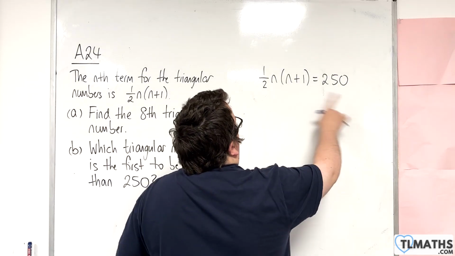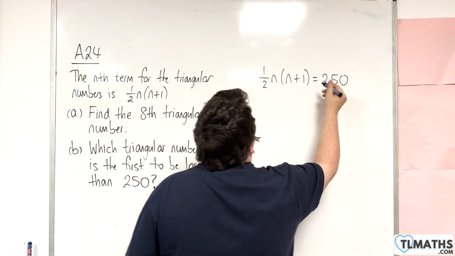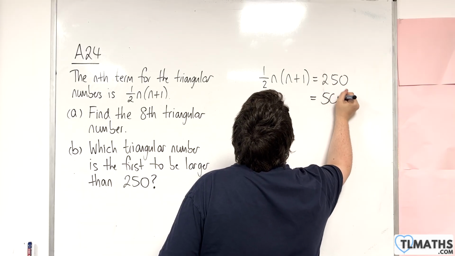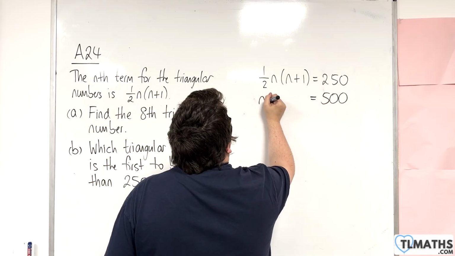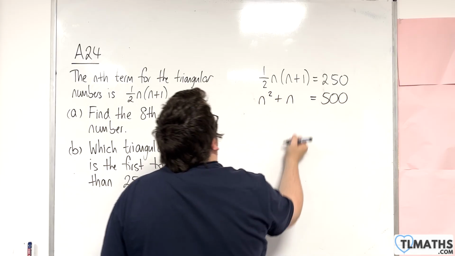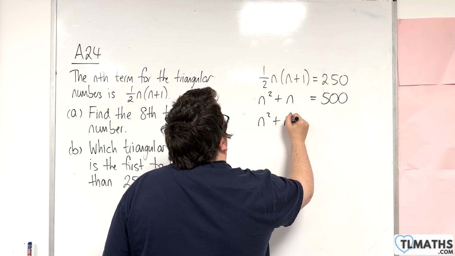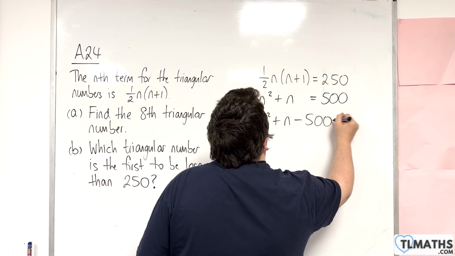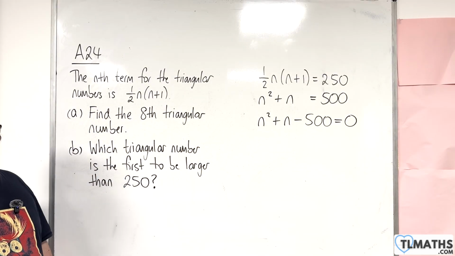So if I multiply through by 2 and expand that bracket out, on the right hand side I'm going to get 500, and I expand this out, so I'm going to get n squared plus n, and then subtract 500 from both sides. I have this quadratic equation to solve.